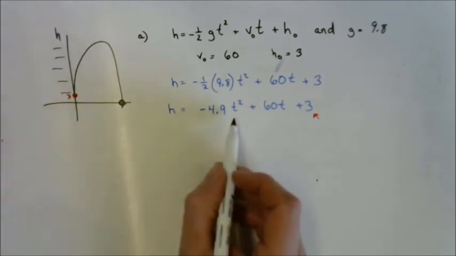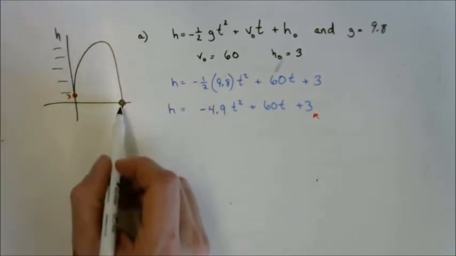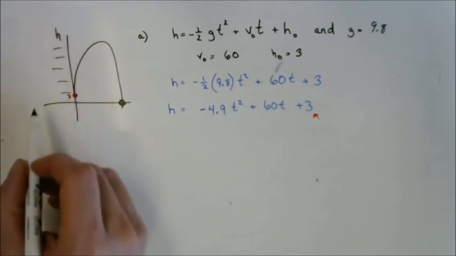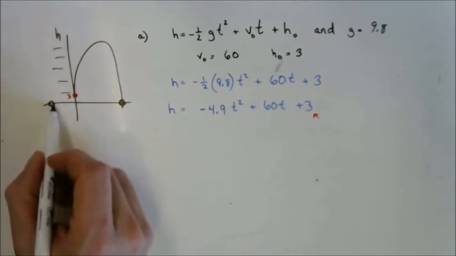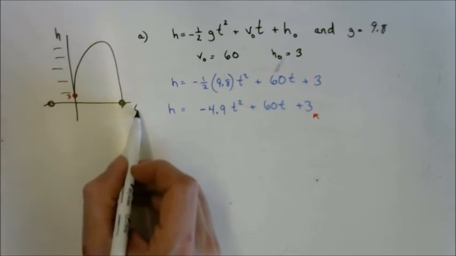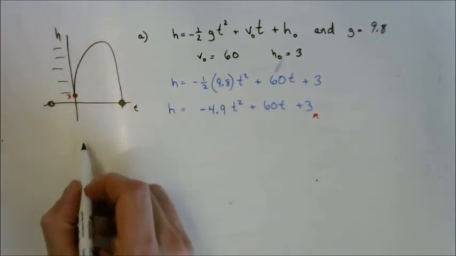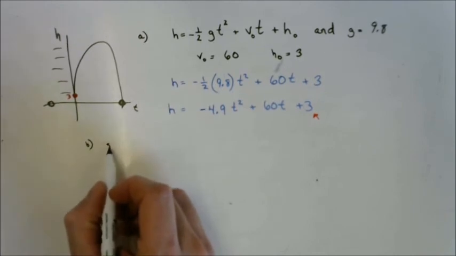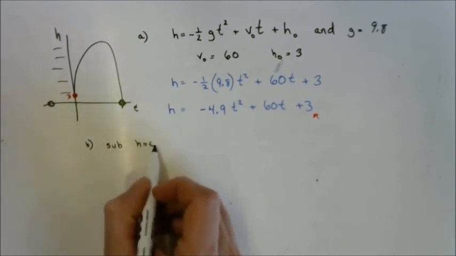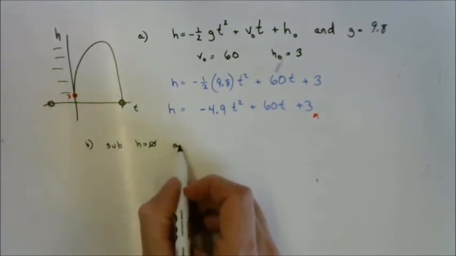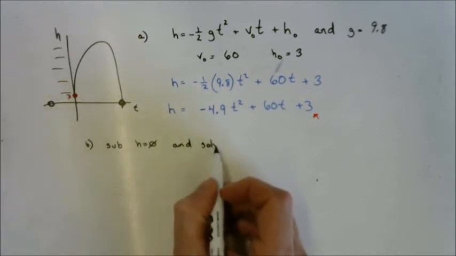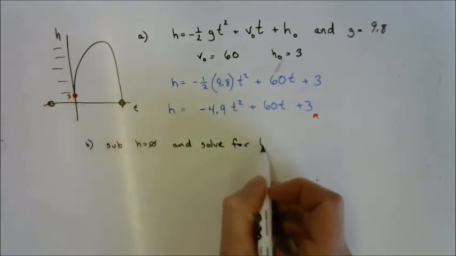To find t. It hits the ground when h is 0. Excellent. I want to find out what t is when h is 0. So sub h equals 0 and solve for t.